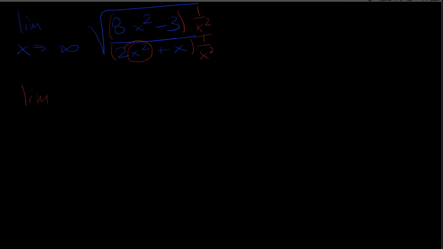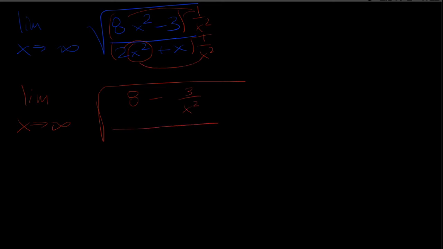So I'll have the limit as x approaches infinity. Now the 1 over x squared is going to distribute to the 8x squared. That's going to give us 8. And then minus 3 over x squared. The 1 over x squared is going to distribute to the 2x squared to give us 2.